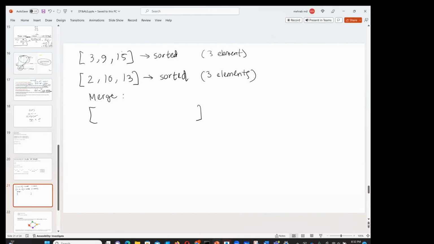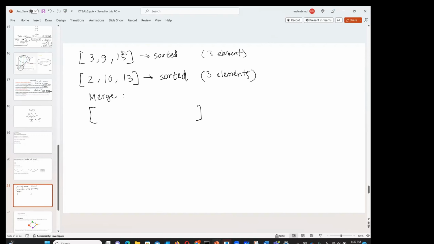Everyone think, how can I use these two sorted lists to create one sorted list? I will compare the first element, which is 3, with all 3 numbers of the second list. Do I need to compare with all 3? Because it's already sorted, right?